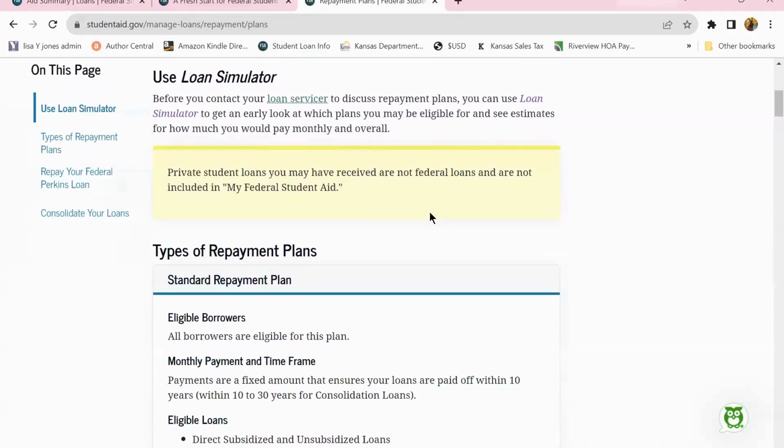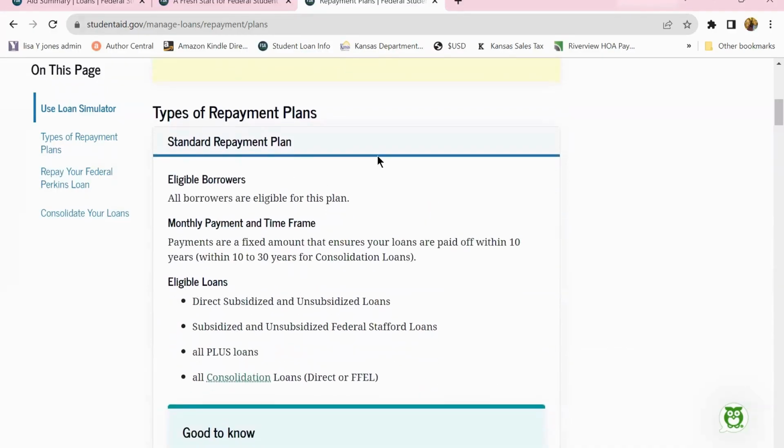All right. So standard repayment is for everybody. Your payments are set at a fixed amount that ensures they are paid off within 10 years. And this is per loan, not the whole thing.